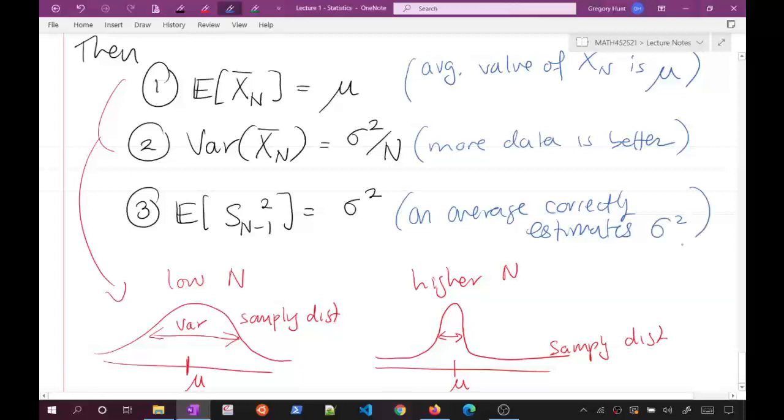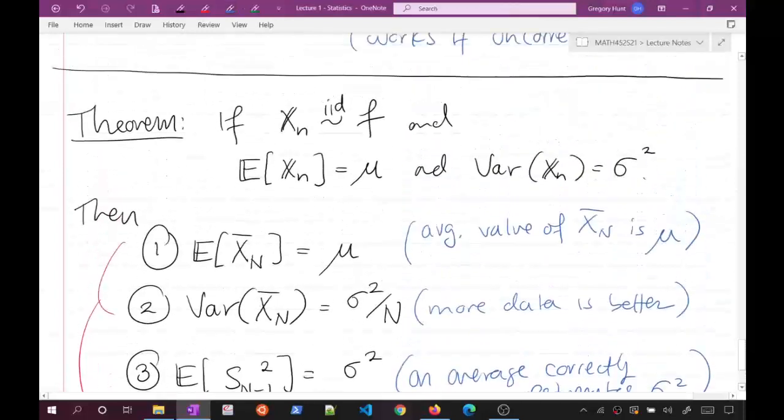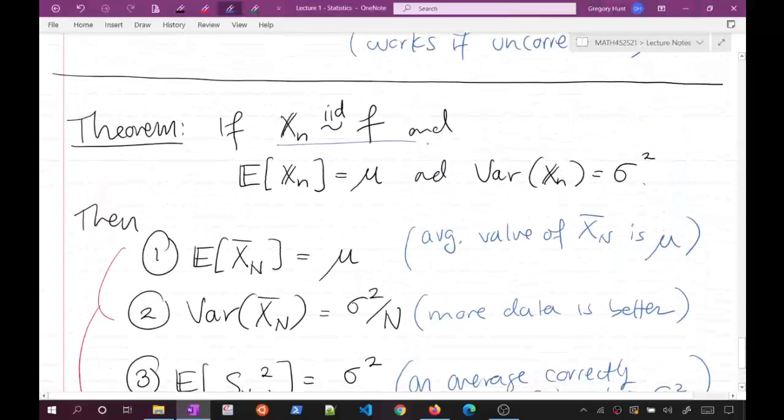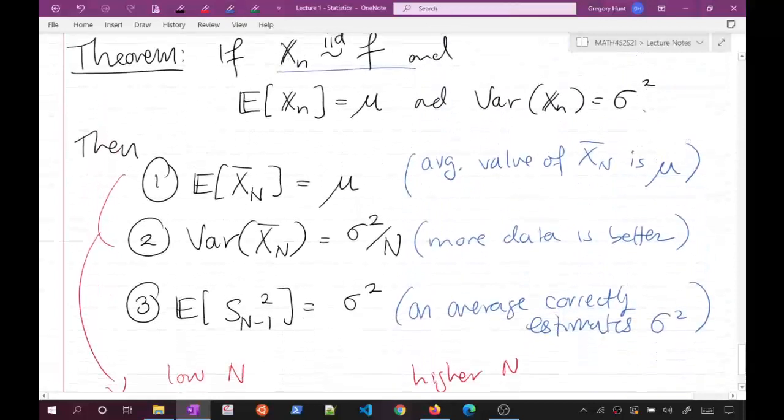If I gave you a random sample, and I said, I don't know what the variance of this thing is, what would you do? You'd calculate the sample variance. Why is that reasonable to do? Well, just like with the mean, on average, the sample variance would be correct. You notice I don't say the variance of the sample variance, which is a confusing sentence. It's a more complicated picture.